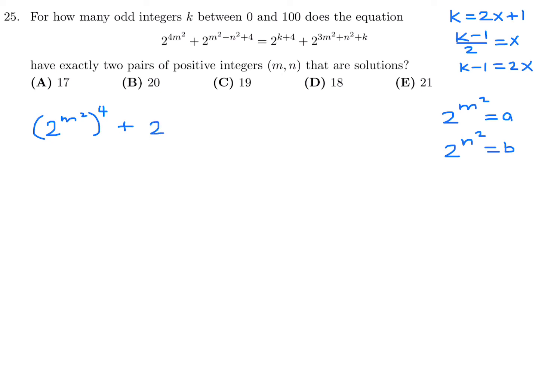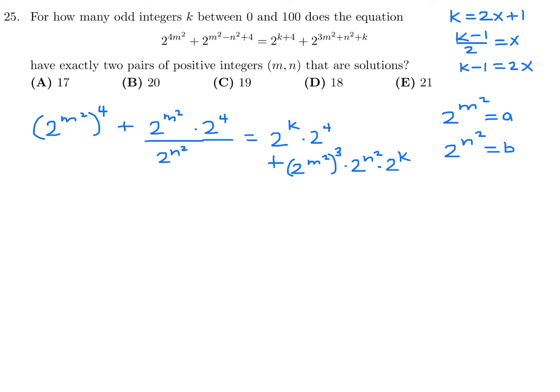I'm breaking it up. 2 to the m squared over 2 to the n squared times 2 to the power of 4. And on this side, we've got 2 to the power of k times 2 to the power of 4 plus 2 to the power of m squared to the power of 3 times 2 to the power of n squared times 2 to the power of k.